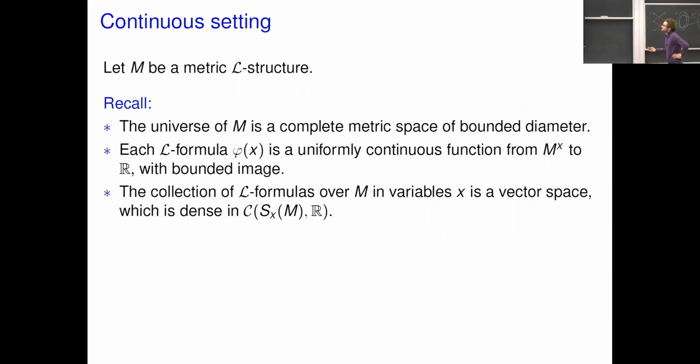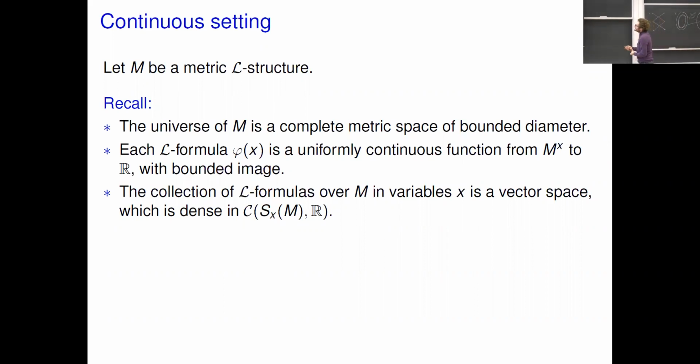So just recall, this means that the universe of M is a complete metric space of bounded diameter instead of just an arbitrary set like in discrete logic. And then each L formula, instead of being a 0-1 valued relation, is now a function on the metric space, in fact, a uniformly continuous function into the real numbers with some bounded image that's bounded in the language. So the image of the formula is bounded, like the arity, independent of the structure. It's a part of the language.